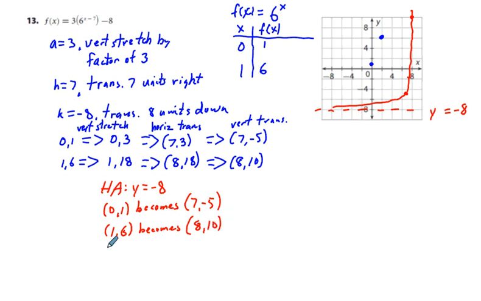Okay, domain is going to be, in interval notation, all real numbers. And our range is going to be from our horizontal asymptote up, which is going to be -8, comma, infinity.